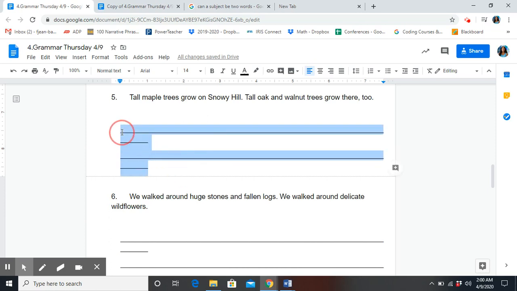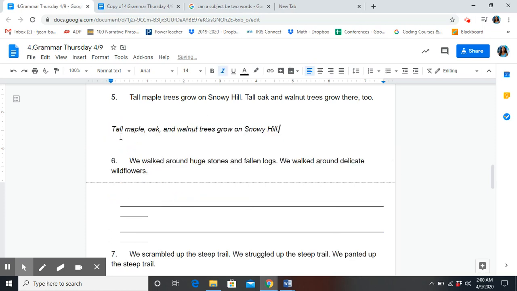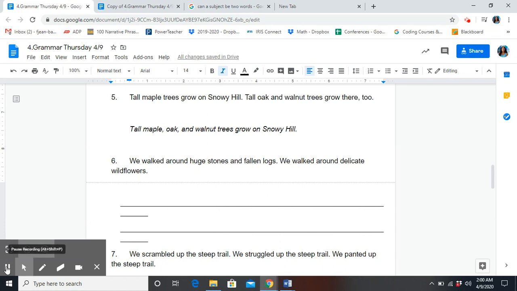You should have come up with something like this. Tall maple, oak, and walnut trees grow on Snowy Hill. Here we made sure that our commas are placed after each word except the last word, and we also added in our conjunction and before the last word or phrase in the series.